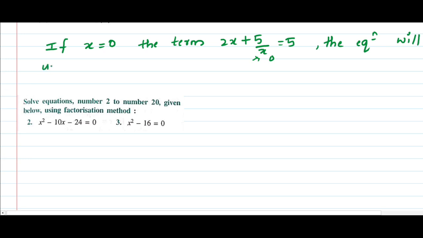Why? Because 5 divided by 0 gives an undefined term.